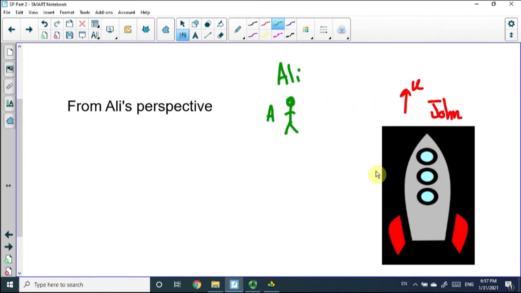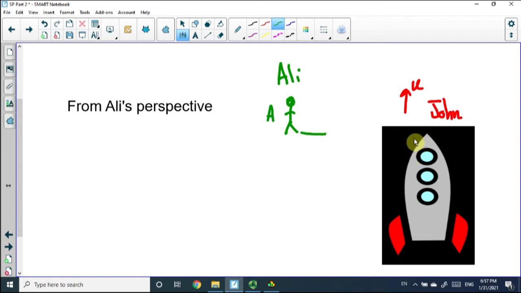Now, the spaceship is moving, and we want to look at the time measured by Ali for the spaceship to pass Ali. Now, what does that mean? Let's say at a particular moment for Ali, the front tip of the spaceship is touching his foot. So let's call this the beginning of the event.